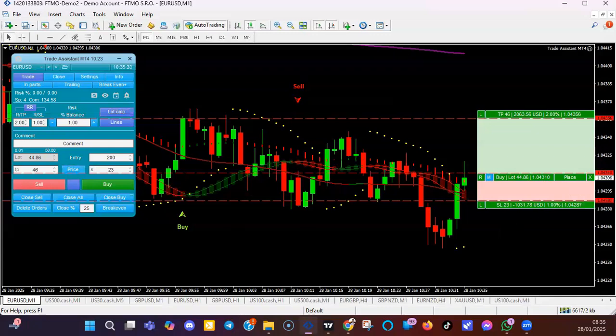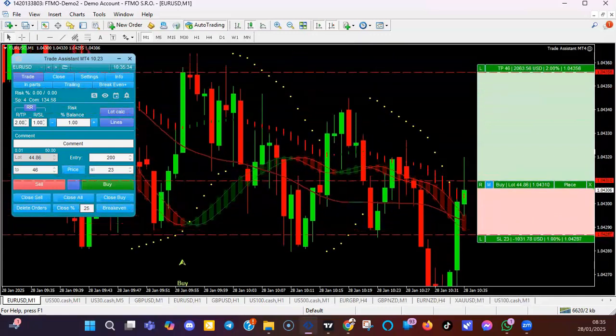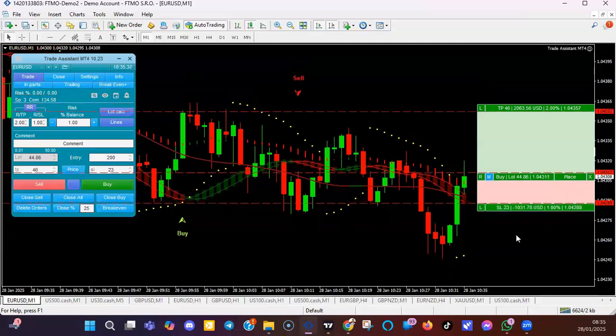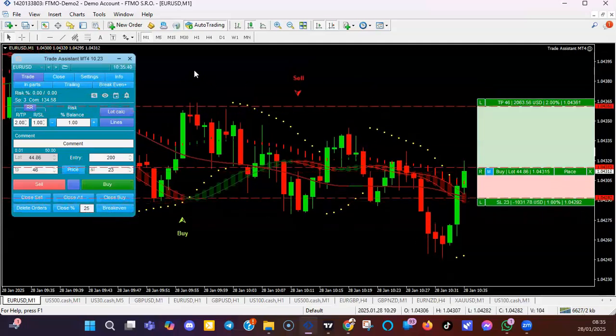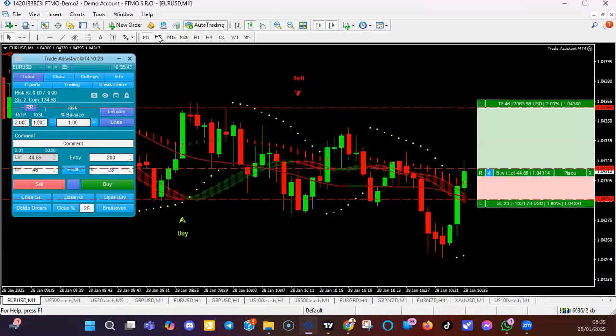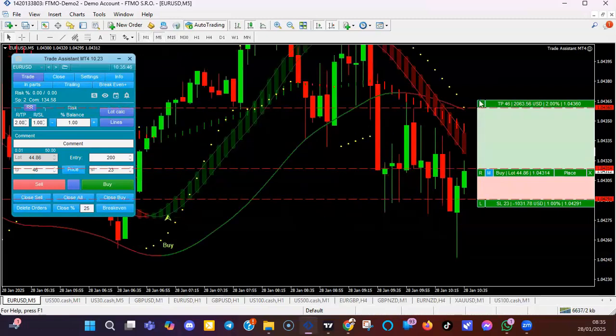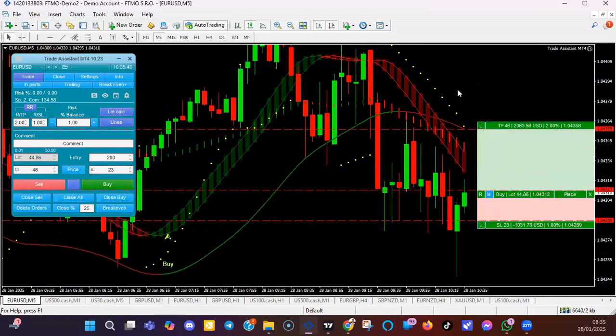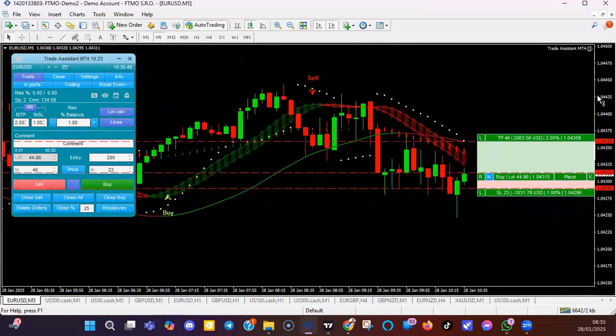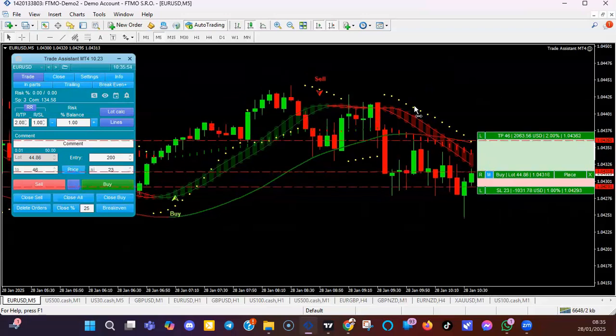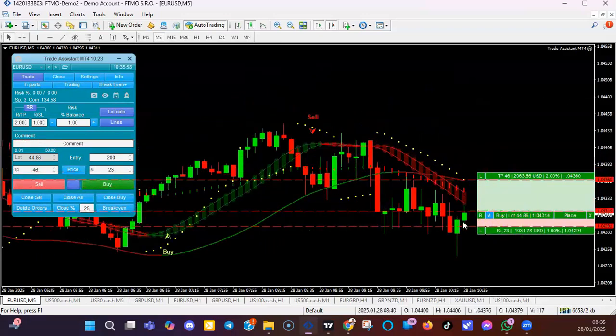We want it green. But like I said, I've seen the imbalance up here on the 5 minute time frame. Can we see it there? No. No. Ah, it's further over, that's why.